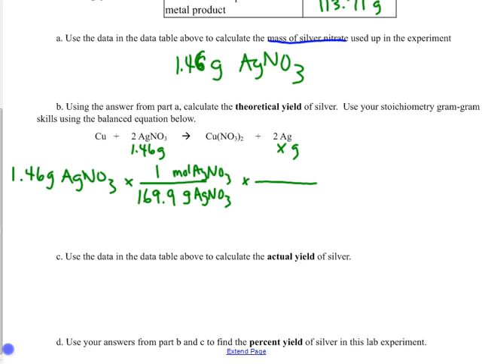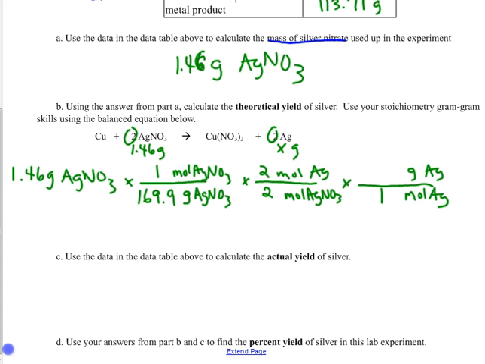The next fraction, we are going to convert moles of silver nitrate into moles of silver. And of course, this comes from the balanced equation. It's a 2-to-2 ratio, which makes our math very simple for that step. And one more step, because we're trying to find not moles of silver, we're trying to find grams of silver. This last fraction will take moles of silver and convert it to grams of silver. 1 mole of silver weighs 107.9 grams.